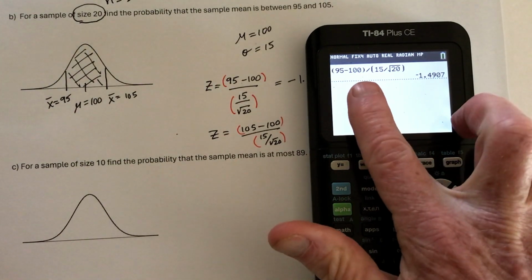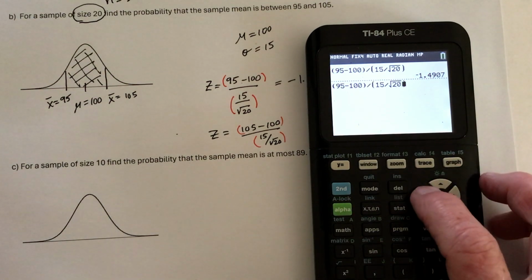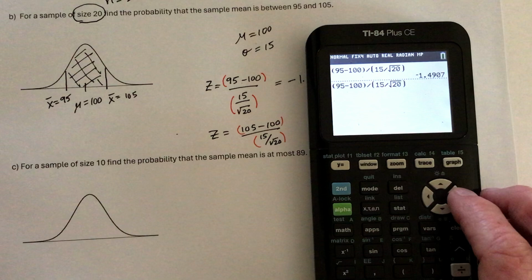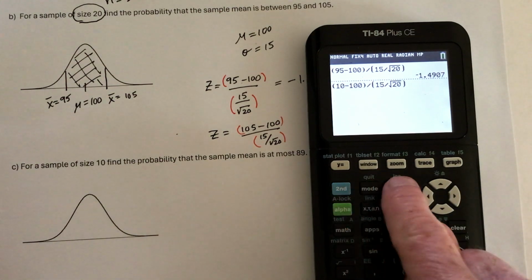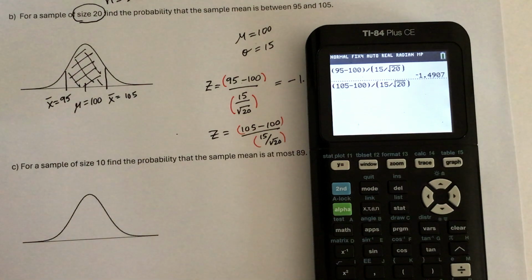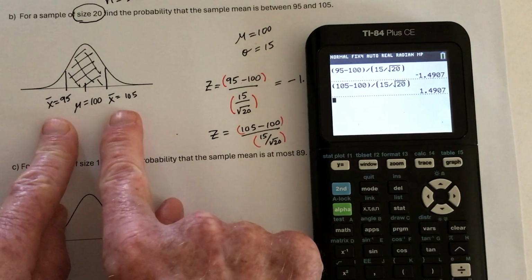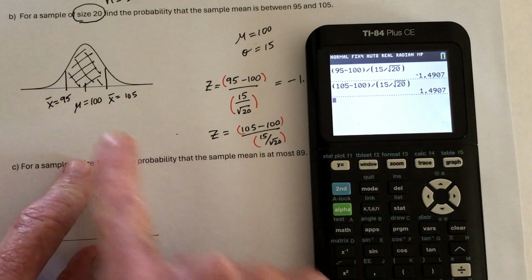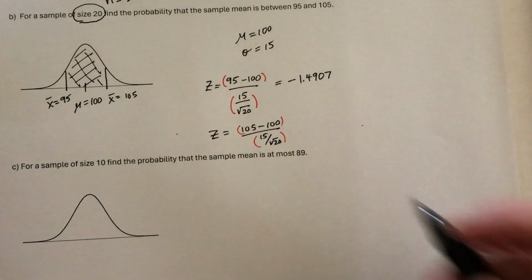So sometimes to save time, you can just screen grab it and then back up, because there's only one number that changed, and this is a 10, and then I have to put second insert the 5. Or if you have an extra 8 seconds, just retype the whole thing. And because both of these are 5 points away from the middle, it gives us the same number except positive, because the graph is symmetric.